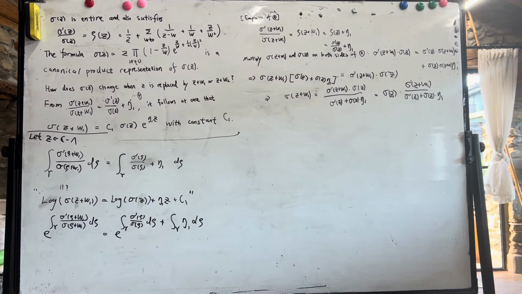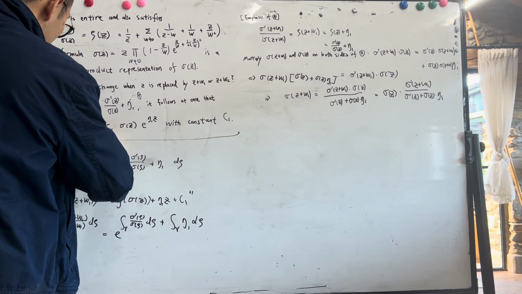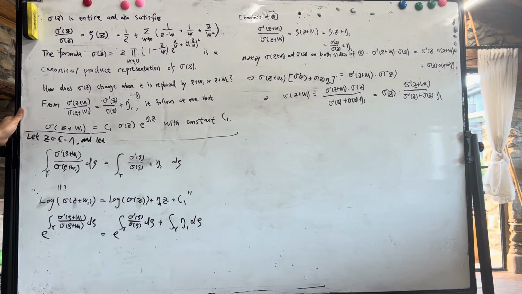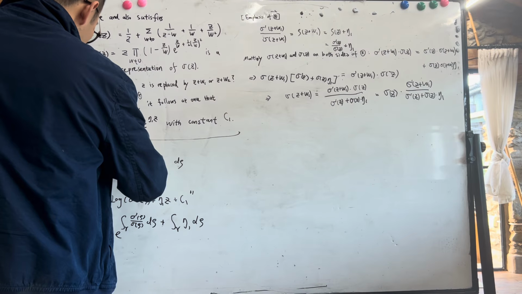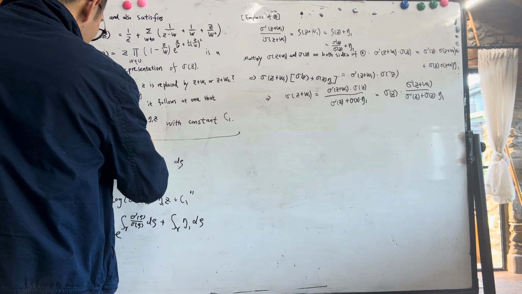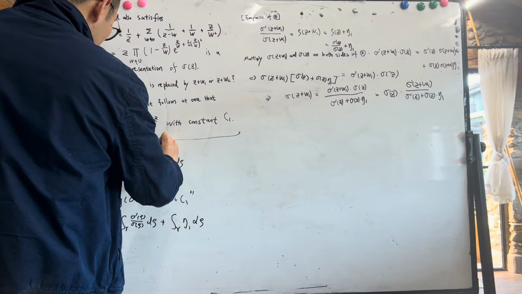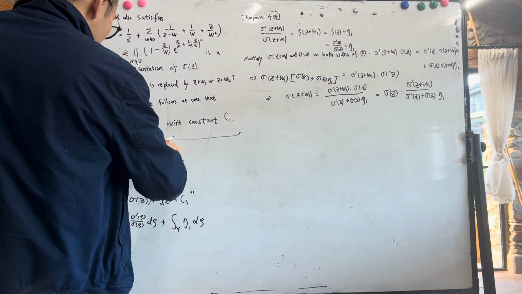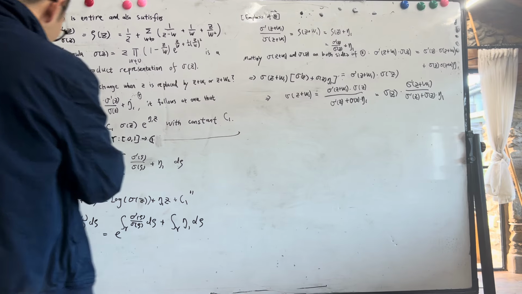So gamma, let's say from 0 to 1, to C also minus the lattice points.